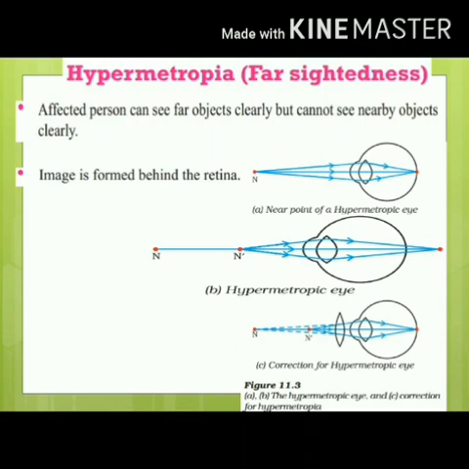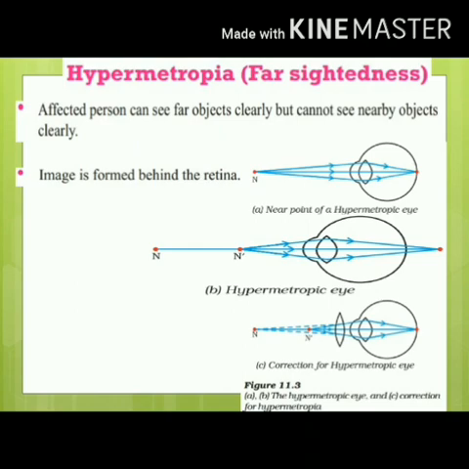Applying our previous logic, we can understand that here far is sighted. So if the person is suffering from hypermetropia, then the person can see far away objects clearly and distinctly, and nearby objects are not seen clearly.